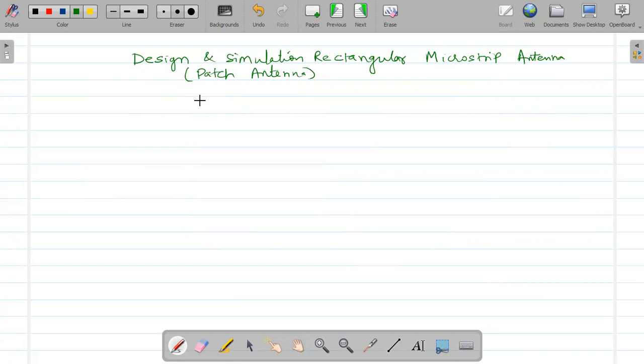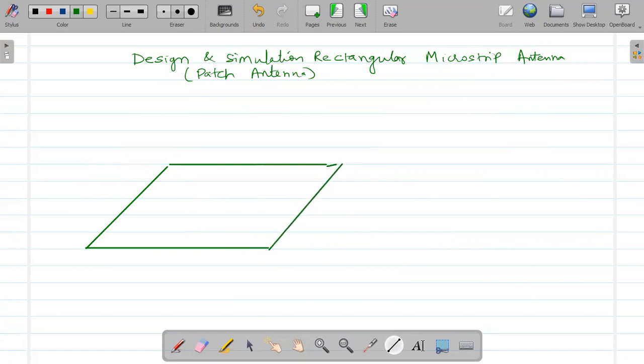So what is the structure? Fundamentally it has four parts, and the first part is the substrate. I'm drawing it with the green color here. So we can say there is a cuboid shape, which has a height, width, and thickness.